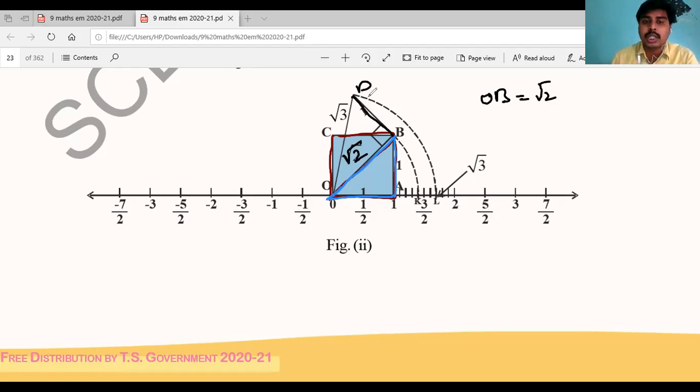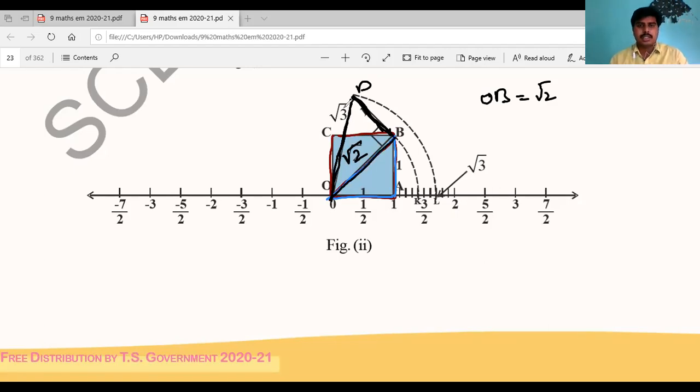To find root 3, I am taking one more line, making another right angle triangle, and joining this OD, just for the sake of finding root 3. We don't know the exact root 3 length, so we are using this Pythagoras theorem concept here.